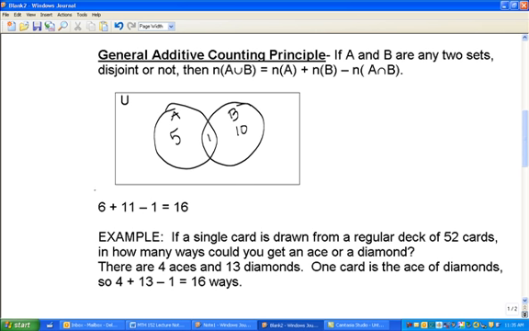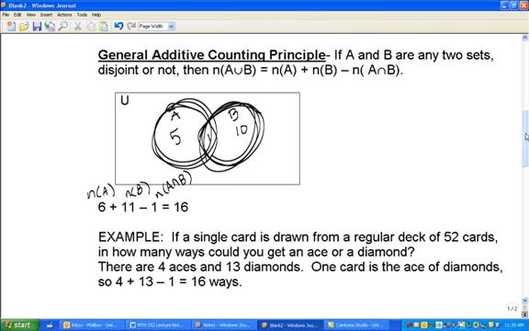The number of elements in A is 6. The number of elements in B is 11 because it includes the 1. We double counted the 1, first in A and then in B, so that's the number of elements in A intersect B. Because they were double counted, we need to subtract those. So we get 17 minus 1 is 16.